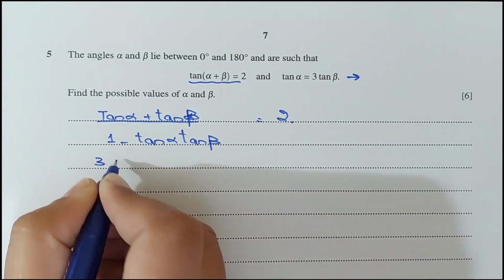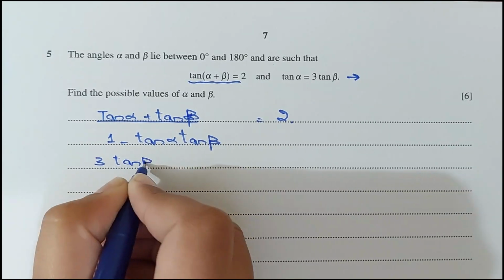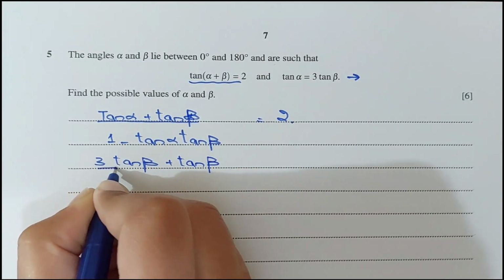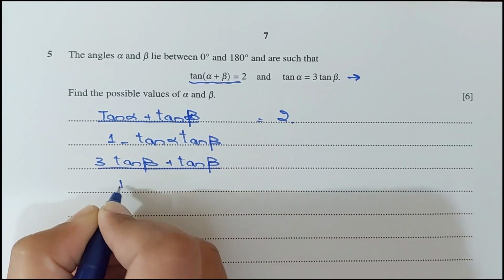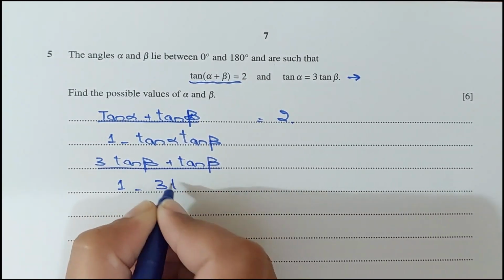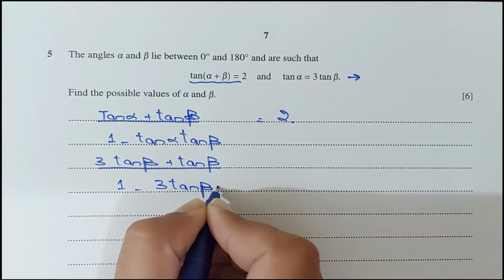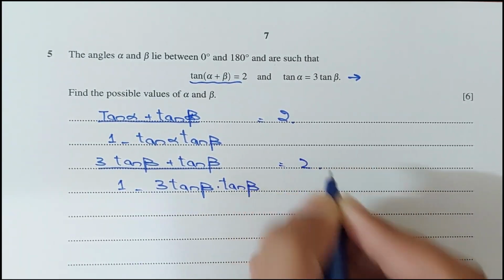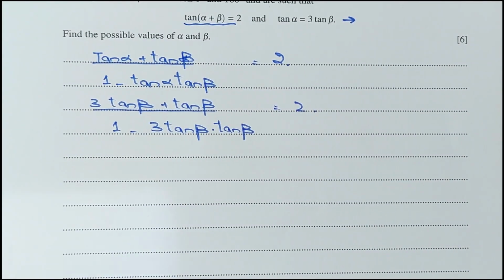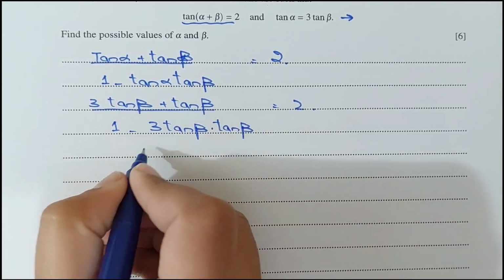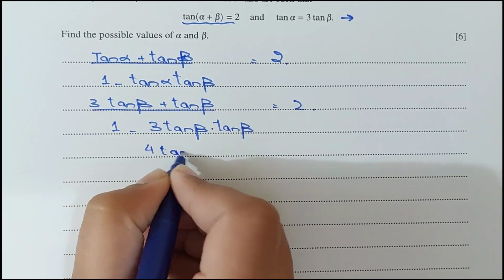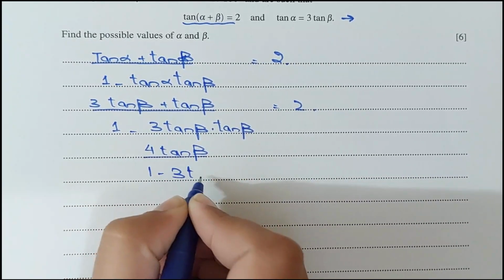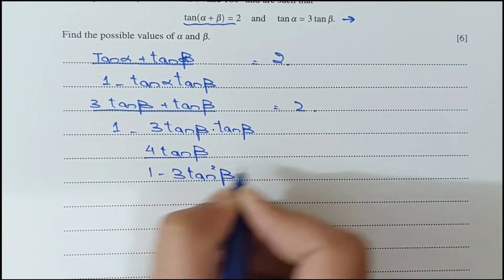So 3 times tan beta plus tan beta, this is going to be divided by 1 minus 3 times tan beta into tan beta. This is equal to 2, right? So 3 plus 1, this is 4 tan beta over 1 minus 3 tan square beta. This is equal to 2.